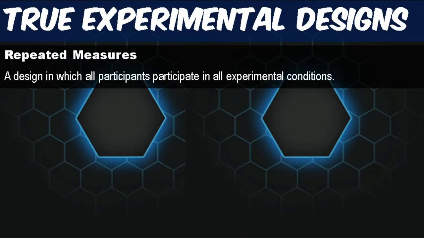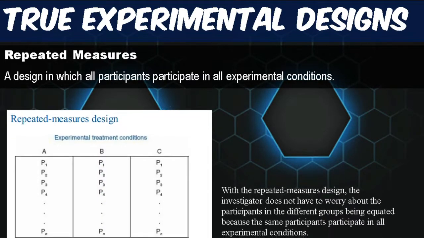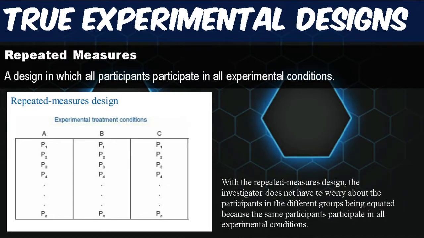Another experimental design, this is actually the last one that will be discussed, the repeated measures. This is a design in which all participants participate in all experimental conditions. So for this particular experimental design, the same group of subjects or people are exposed to different experimental conditions.